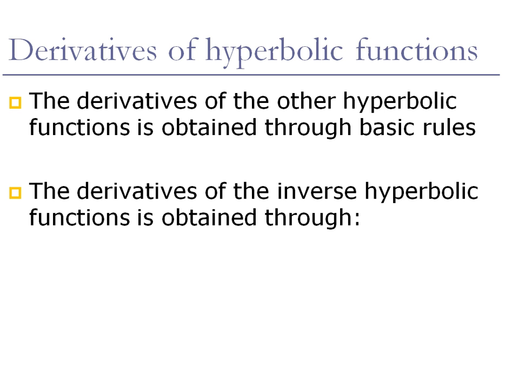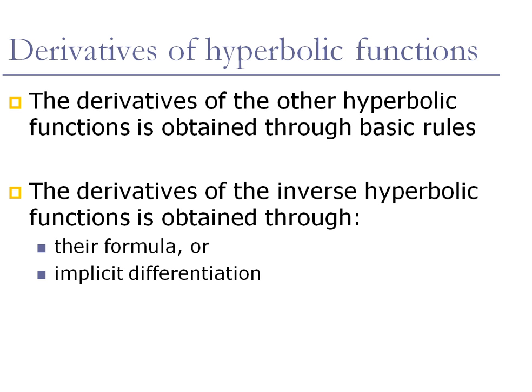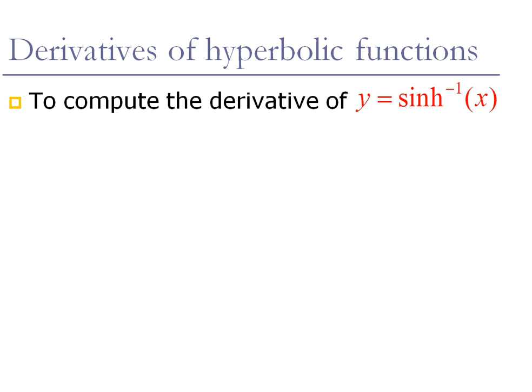We can either use the fact that, once again, these hyperbolic functions have formulae, and therefore we can use their formula and apply basic differentiation rules to that, or because they are inverse functions, we can use implicit differentiation. For instance, let me show you just how this can be done on the inverse hyperbolic sine, and then you can follow the same procedure for the other functions.